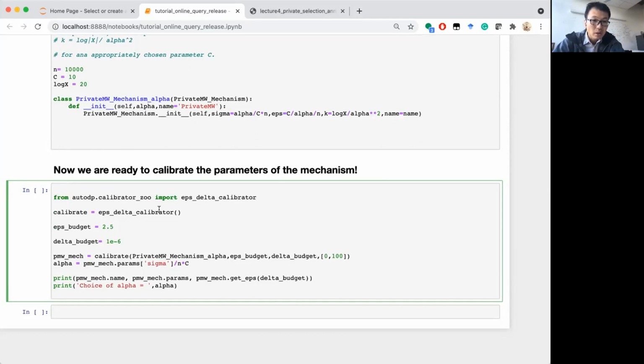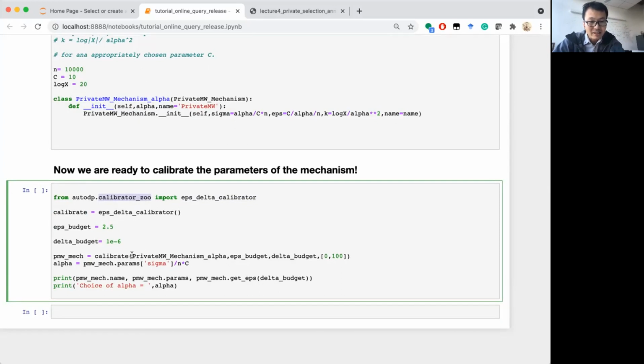All right, so what we do is to just import this standard epsilon delta calibrator from the calibrator view, which is something that's already implemented that allows you to do the numerical computation by finding what the right choices of this alpha should be.